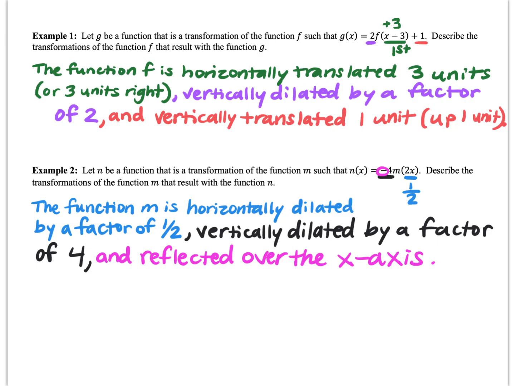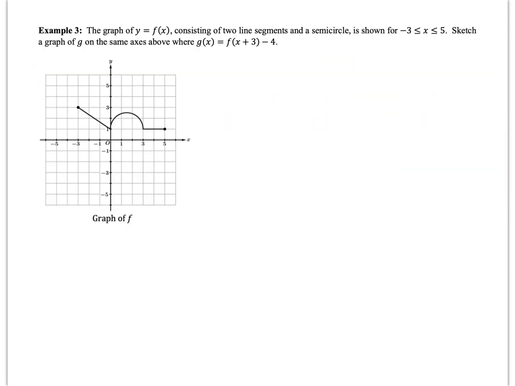For our next 2 examples, we're going to practice doing a transformation to a function. Here, I have a graph of y equals f of x, and it consists of 2 line segments and a semicircle, and it's shown for negative 3 less than or equal to x, less than or equal to 3.